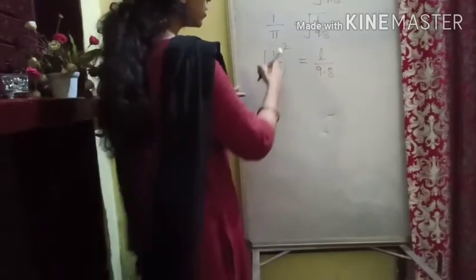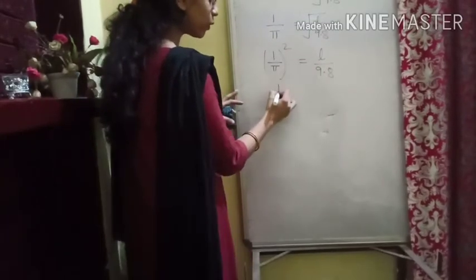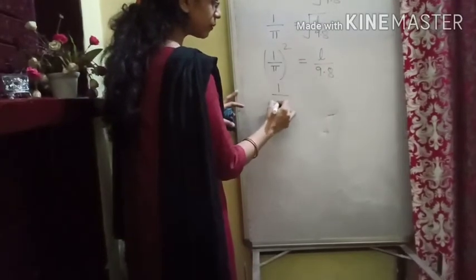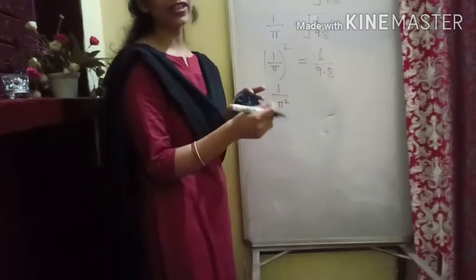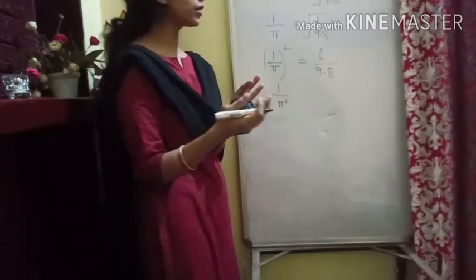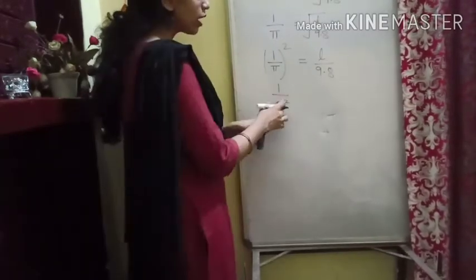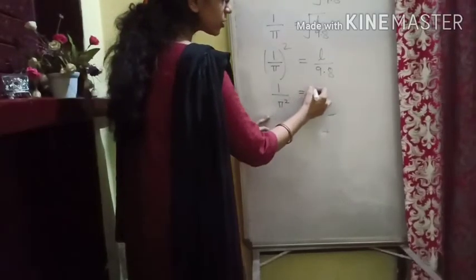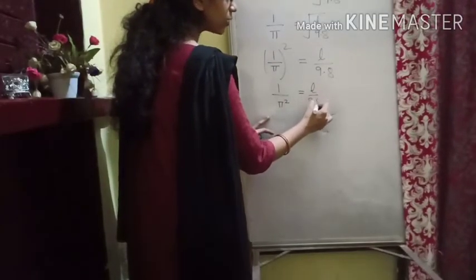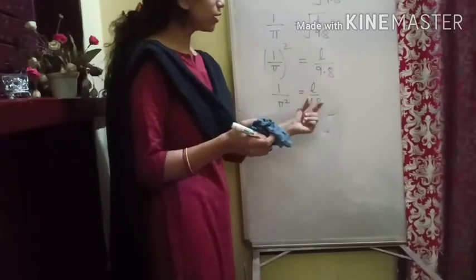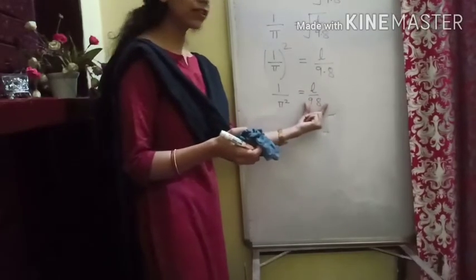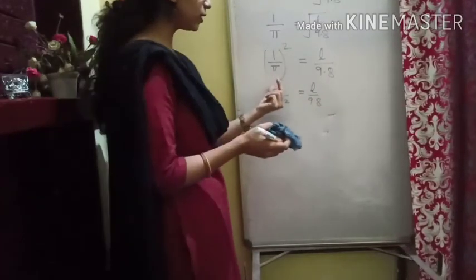1 square will be 1, pi square will be pi square. We know the value of pi is 3.14, or you can write 22 by 7, your choice. So 1 upon pi square equals L upon 9.8. Since we have to calculate L, 9.8 being in division will come to this side in multiplication.